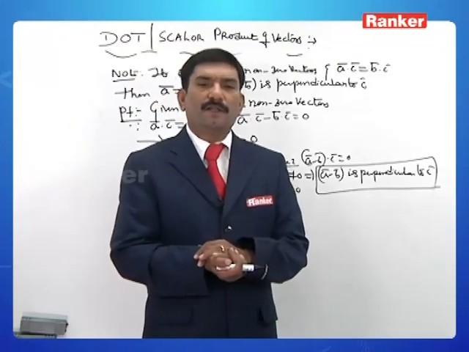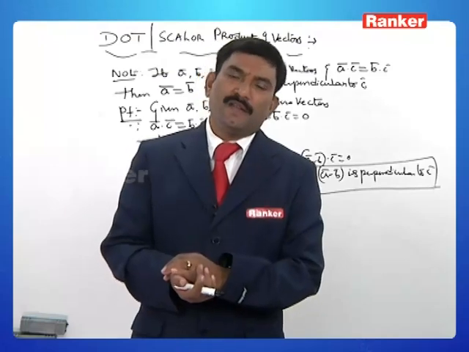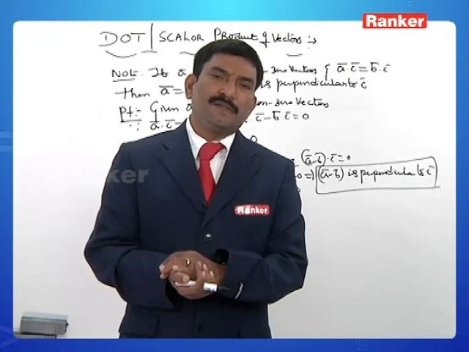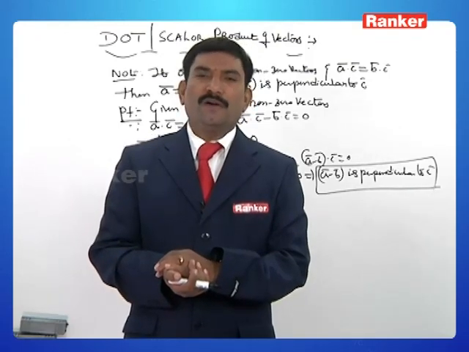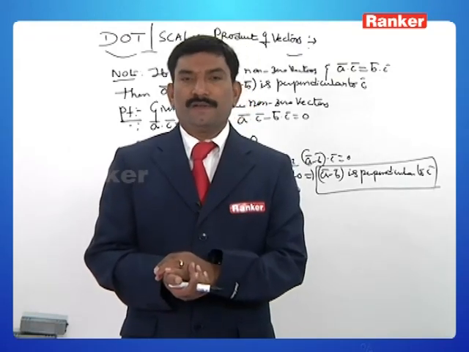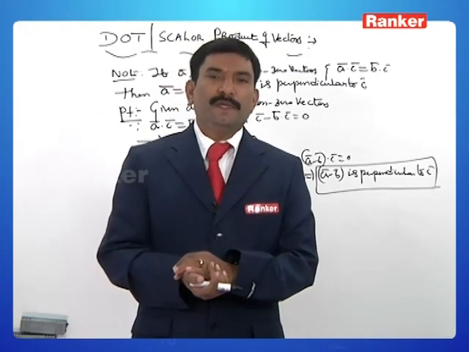I told already, whenever the dot product of any two vectors is equal to 0, then they are perpendicular to each other, or orthogonal to each other. If the angle between the two vectors is 90 degrees, then they are orthogonal to each other.